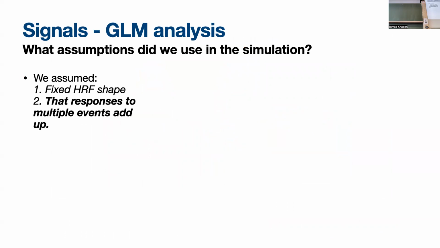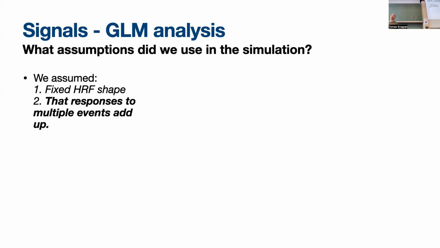So we're not going to think that the BOLD response might change from the second to the third event, for example, of the same category, right? That would wreak havoc. We always assume that the shape of the hemodynamic response function remains the same over time. And I'll have a word for that later on.